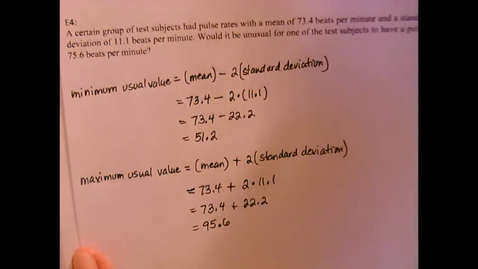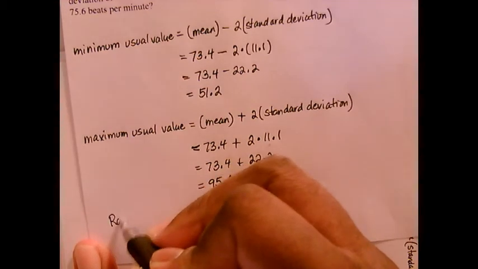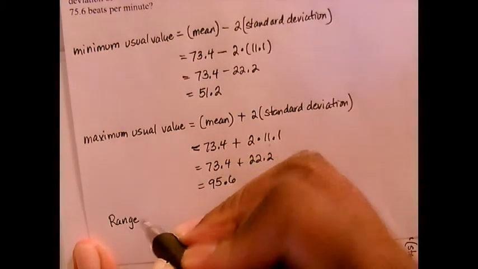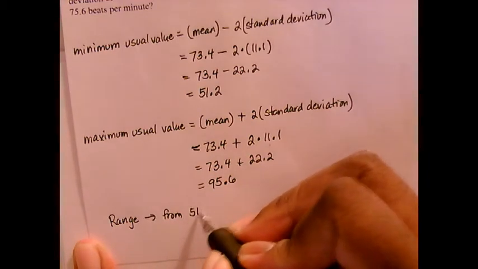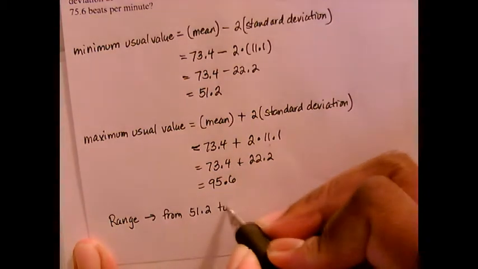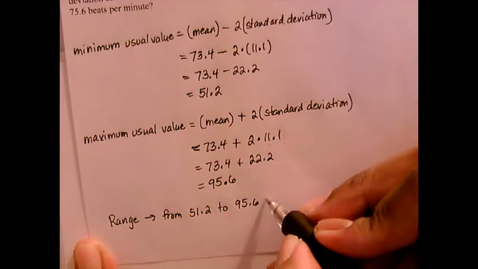So using these two values, my range is going to be this: from 51.2 to 95.6 beats per minute.